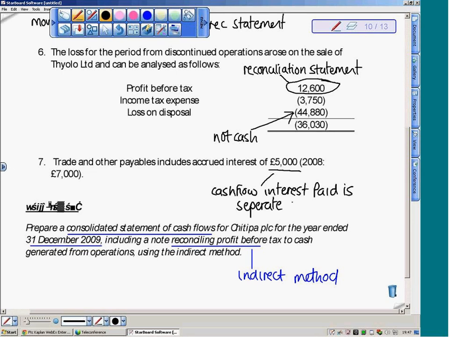When we do our reconciliation statement, what we must do is strip the effect of that interest accrual because we deal with it separately. Okay, so now we've read the detail of the question. We'll now go in and plug in our calculations and start in that pro forma.